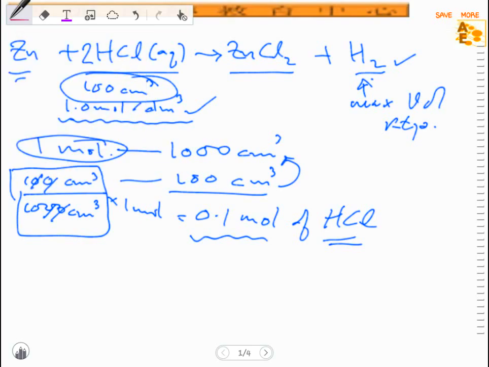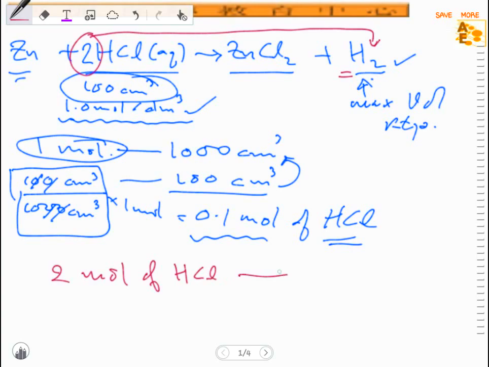Our next step is to know that, based on the chemical equation, 2 mole of hydrochloric acid will produce 1 mole of hydrogen gas. So we write here: 2 mole of HCl will produce 1 mole of hydrogen gas.